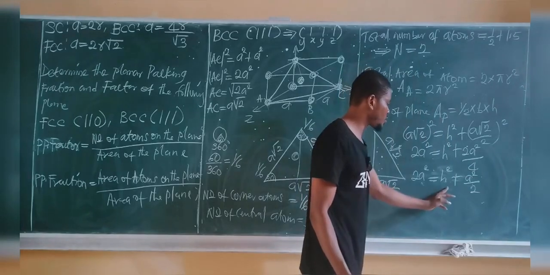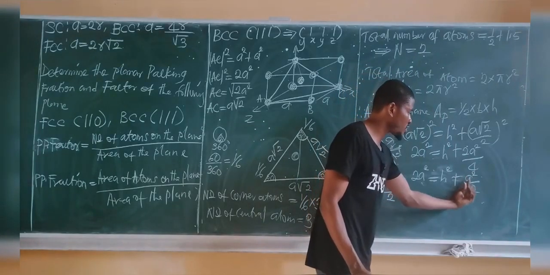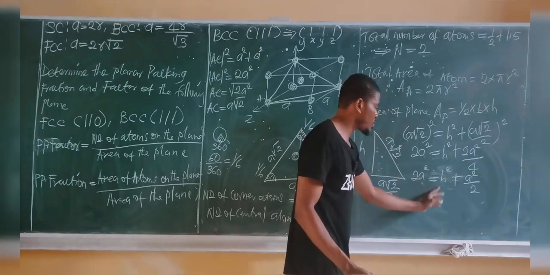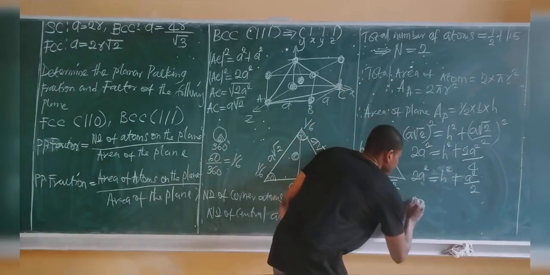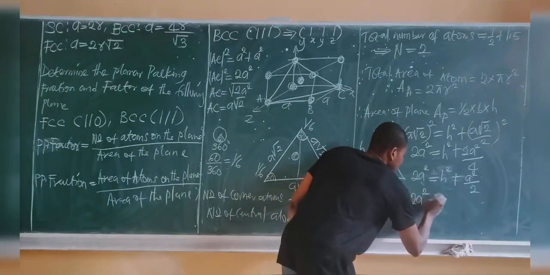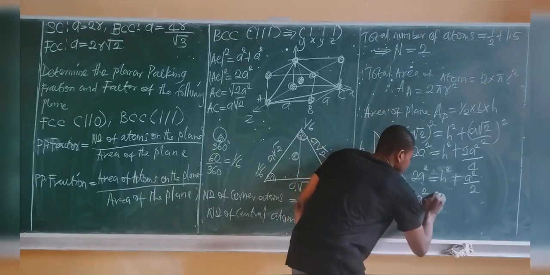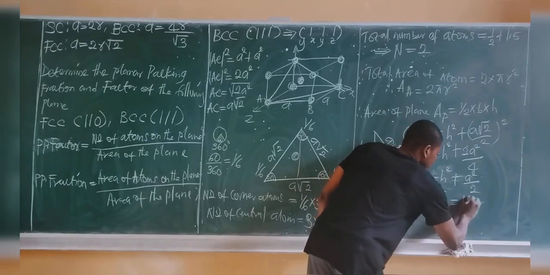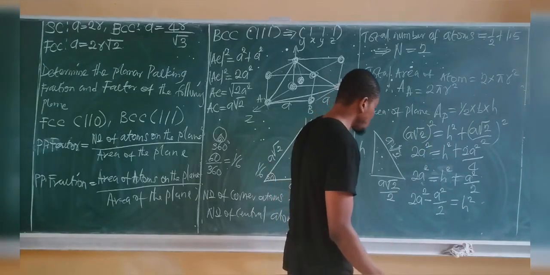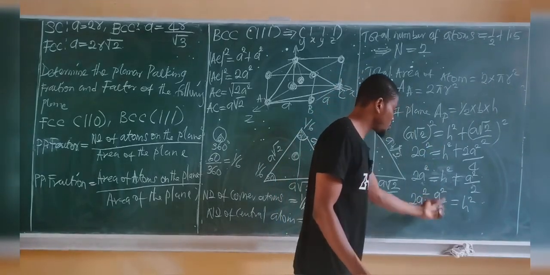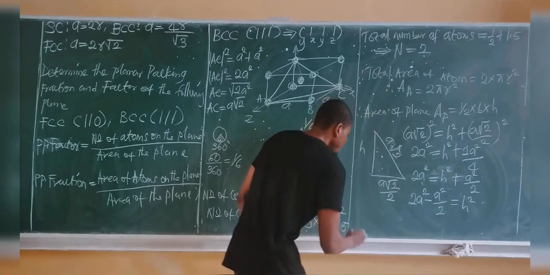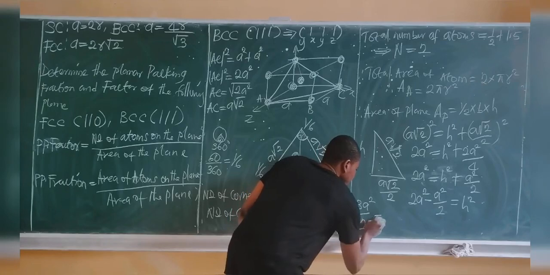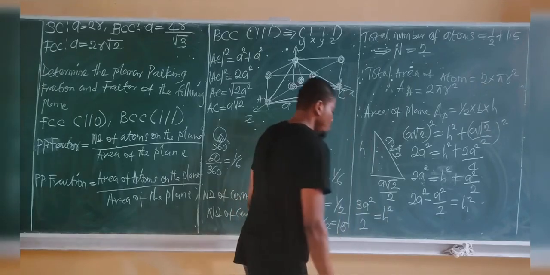In order to make h subject, I will first of all send plus a squared over 2 over to this side of the equation. Positive sign crosses and equal to sign becomes negative. So I have here 2a squared minus a squared all over 2, and this is equal to my h squared. So 2a squared minus a squared over 2 will give me 3a squared all over 2. This is equal to h squared.